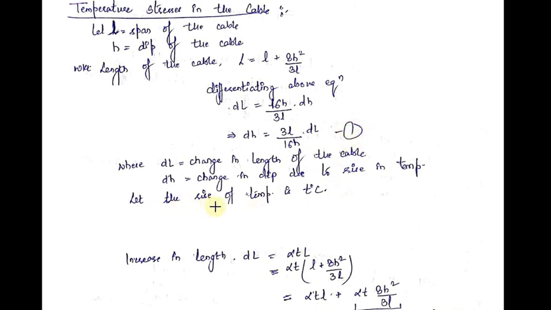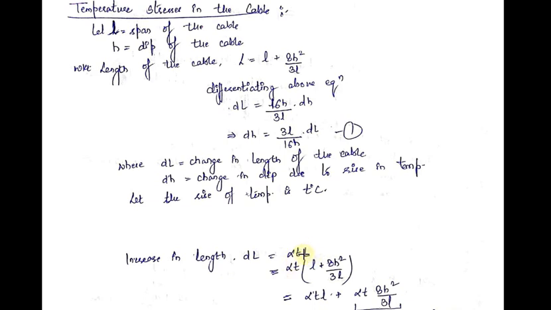Now let the rise of the temperature be T degrees Celsius. We also know that whenever there is a rise in temperature, the increase in length is equal to alpha TL, where alpha is the coefficient of thermal expansion, T is the rise in temperature, and capital L is the original length of the cable.